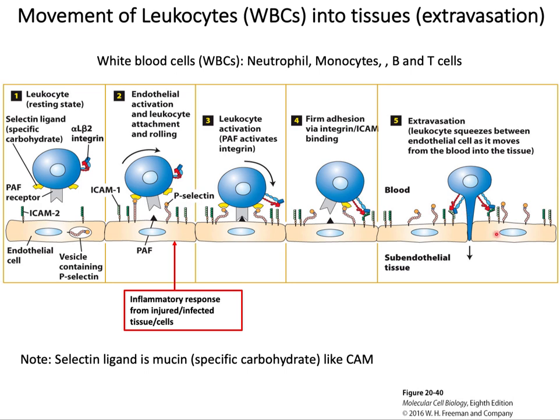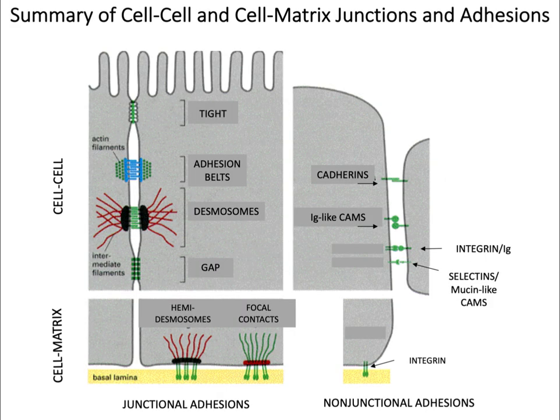This crawling out is also known as diapedesis in physiology. So there you can see a combination of different cellular interactions: interaction between integrin and the Ig superfamily CAM, interaction of the P-selectin and the glycoprotein mucin-like CAM, as well as signaling through a cell surface receptor PAF. All three of these functions come together to draw the white blood cell out of the bloodstream to the site of infection, where they are needed to fight the infection.